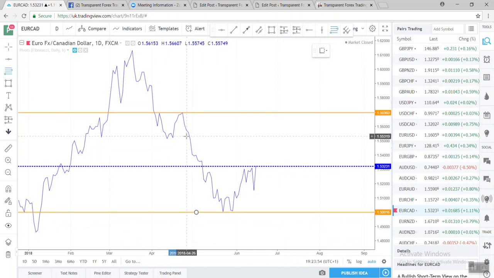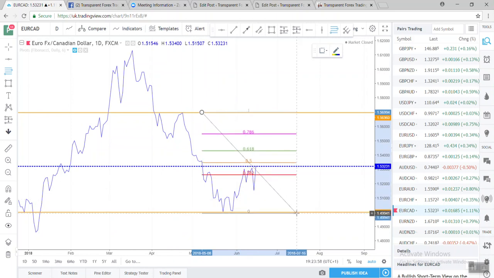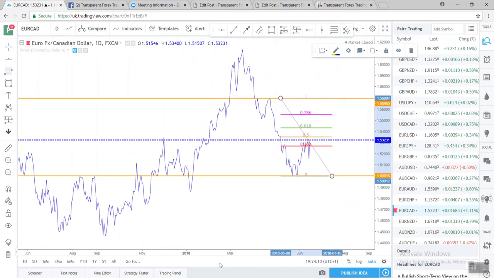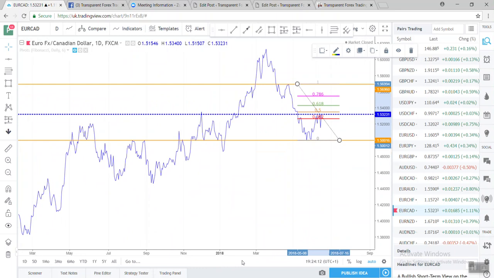Stick our fibs on. Just see where we're at. And that is not far off, approaching 50%. Okay. So let's see what happens.